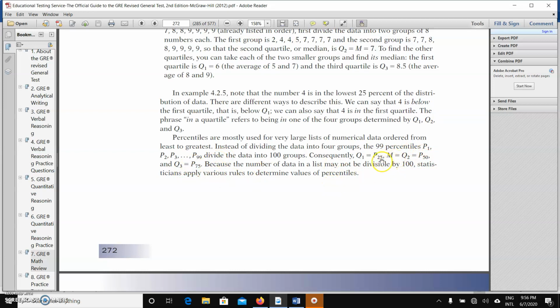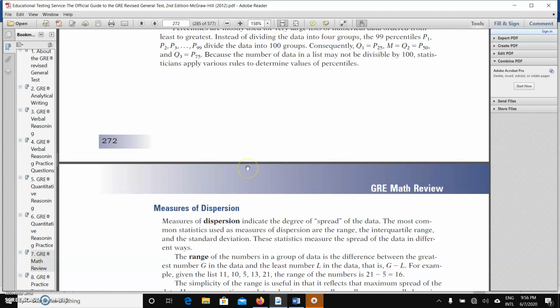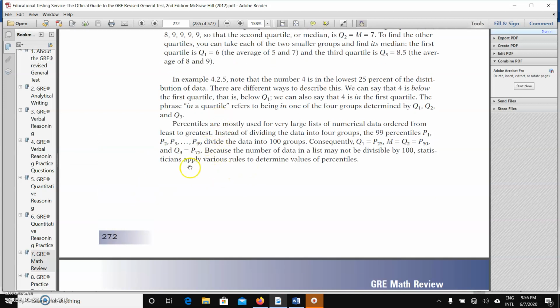What they do here is just add 25 each time: the first one is 25, add 25 to make P50, add another 25 to make P75. So that's still the same thing, and you can interchange the way you use them. The quartile and the percentile are all the same. Okay.